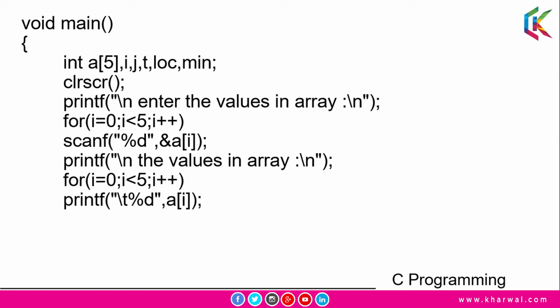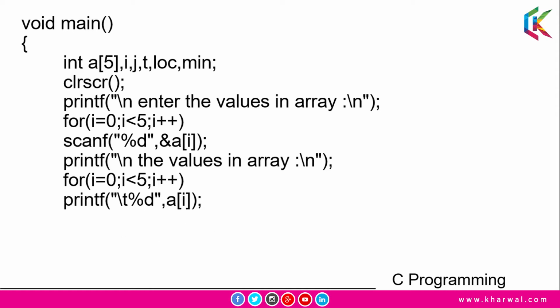Variable t is used as a temporary variable, the LOC variable is used to hold the index of the minimum value, and the minimum variable is used to hold the minimum value of the array. After that, I am taking input from the user with the scanf function for this array A. Then I am going to print each value of array A by using this for loop and printf function.